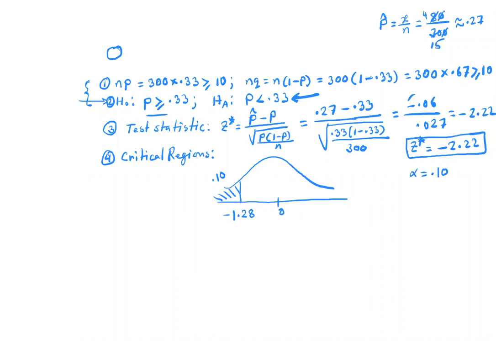So my critical region, CR, is going to be from negative infinity to negative 1.28, okay? Now, let's look at our test statistic, which is step 5.